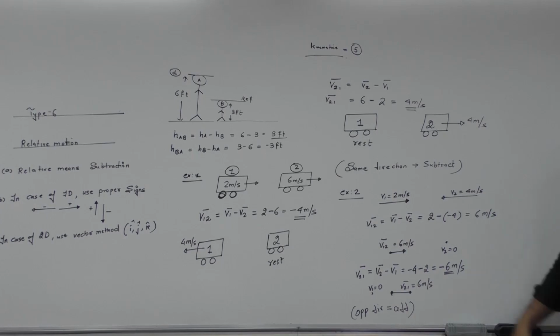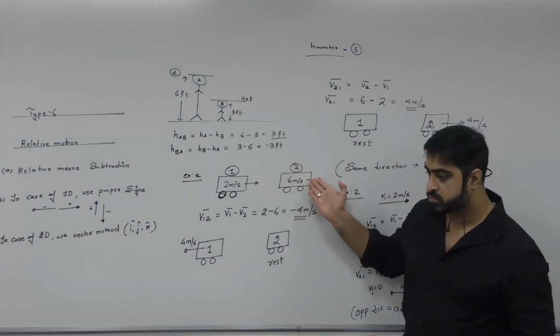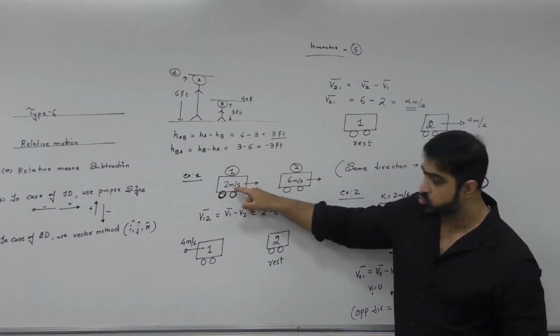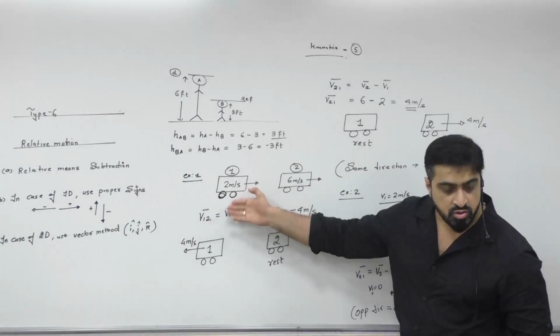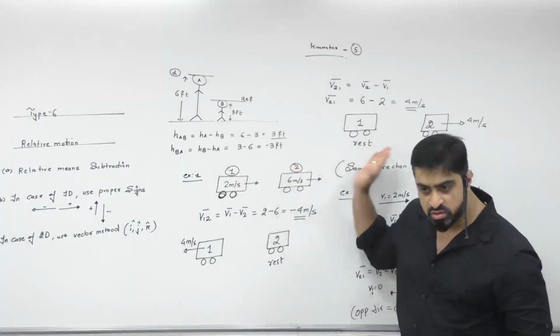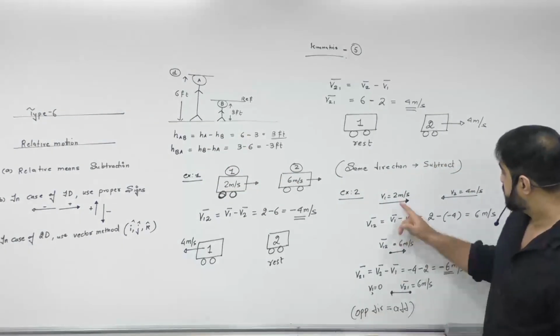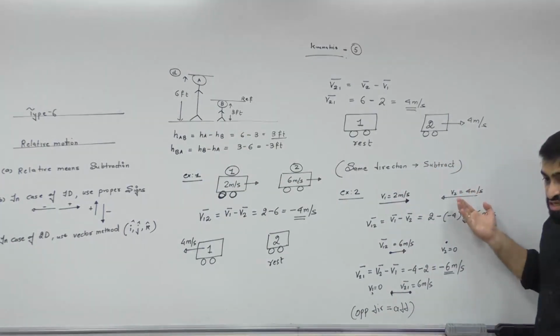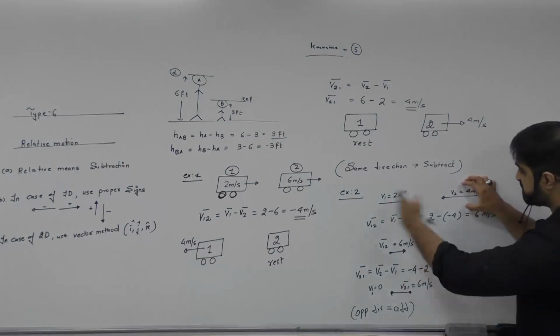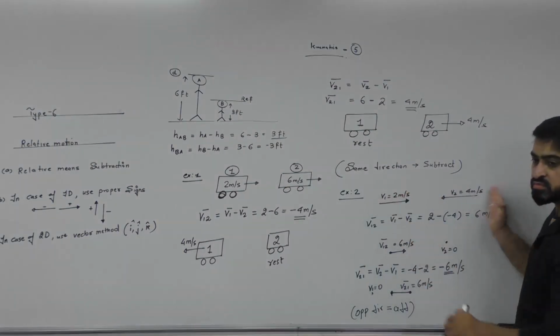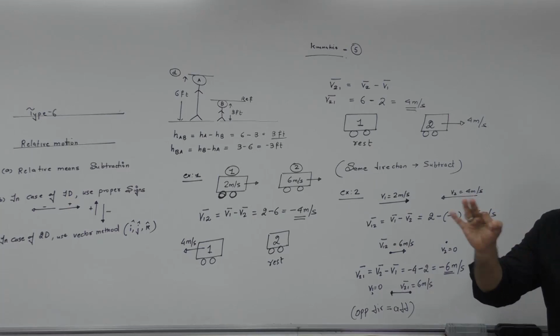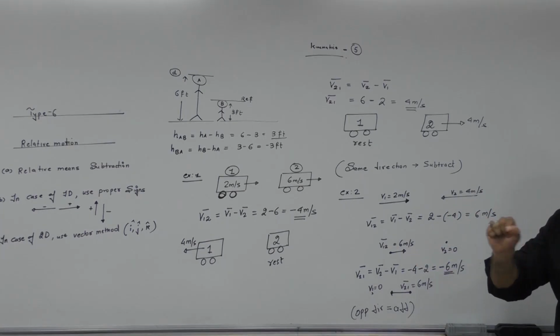Same direction just subtract. 6 minus 2 is how much? 4. So it will appear to him he is going 4. 2 plus 4, 6. It will appear to him coming with 6. Same direction subtract. Opposite direction add.